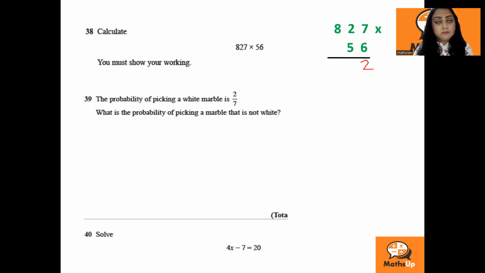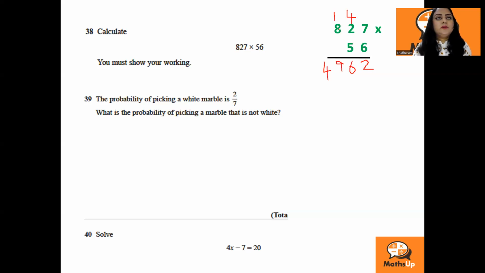So I write 2 here, another 4 is remaining. 6 times 2 is 12. 12 plus 4 is 16. Another one I'm taking forward. Then 6 times 8 is 48 plus 1, 49.